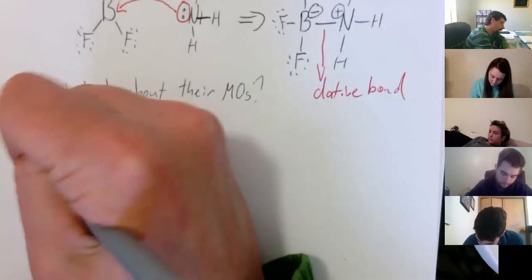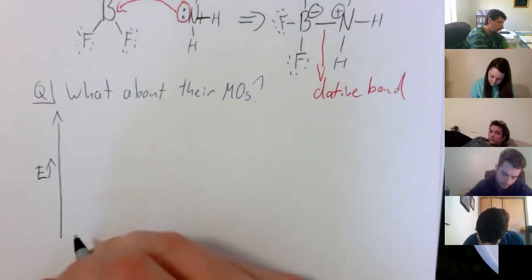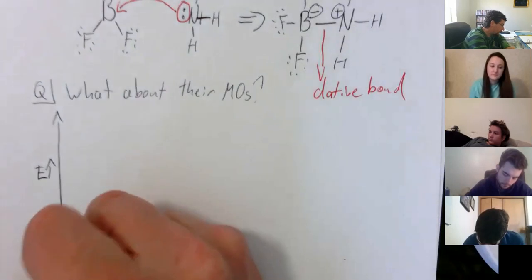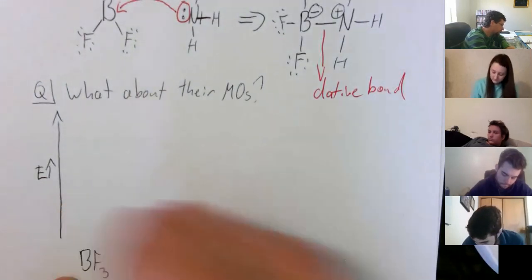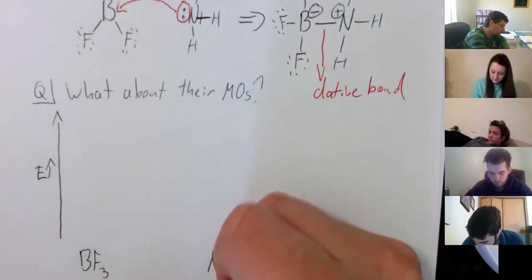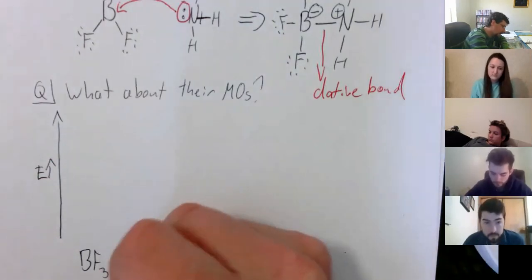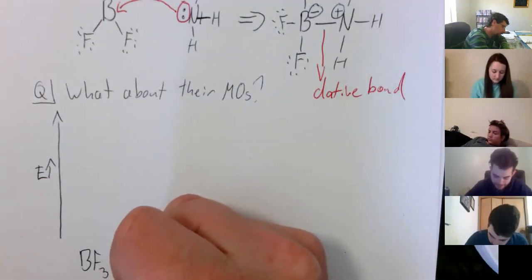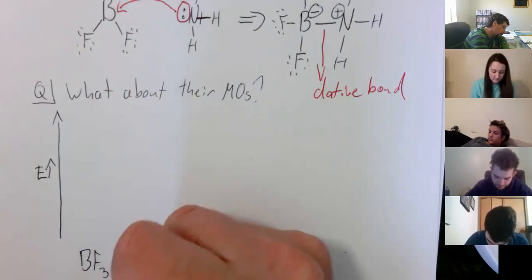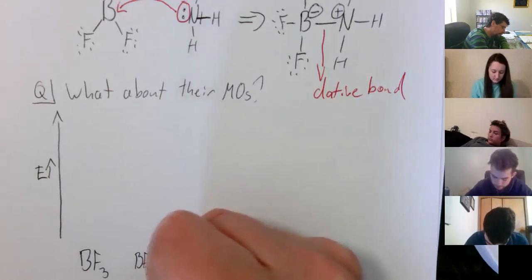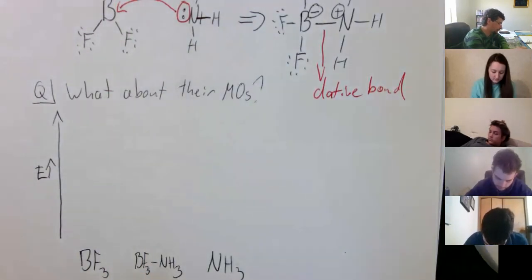We're going to plot energy on this axis. We're going to have our two fragments, BF3 and NH3, and then we're going to have the BF3-NH3 interaction, like that.